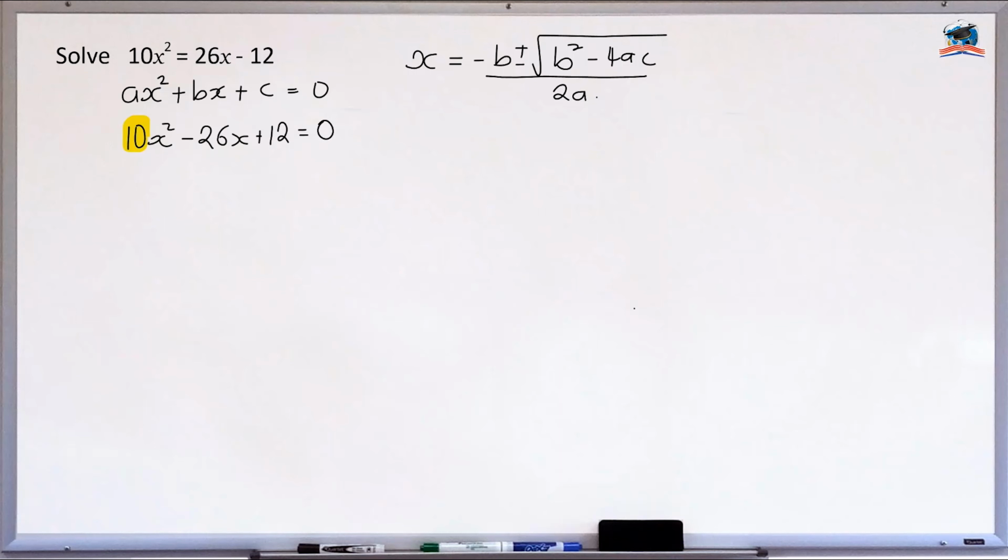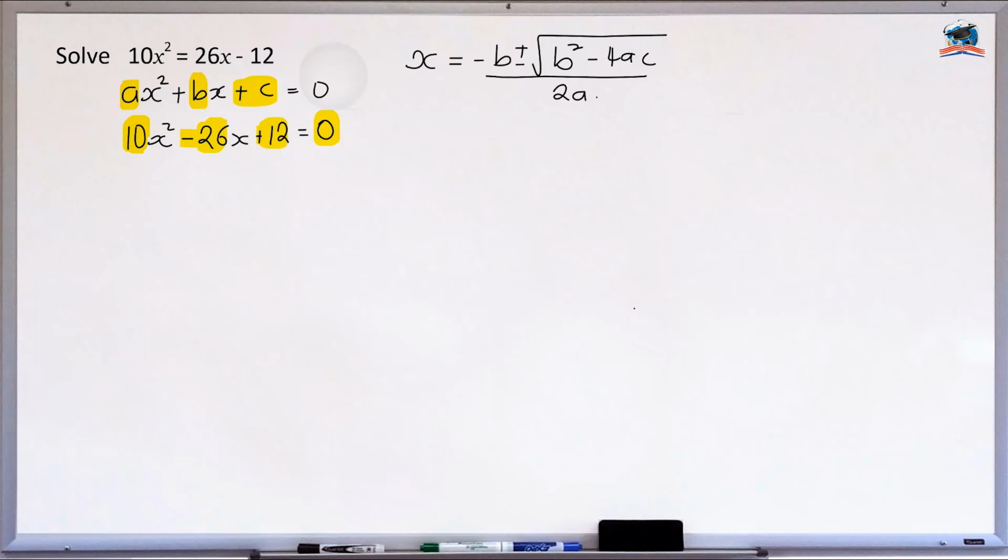We can see here we have 10 as our a, then we have a minus 26 as our b, and then we have a plus 12 as our c, and then we have a 0. Yes, good. Now let's proceed.